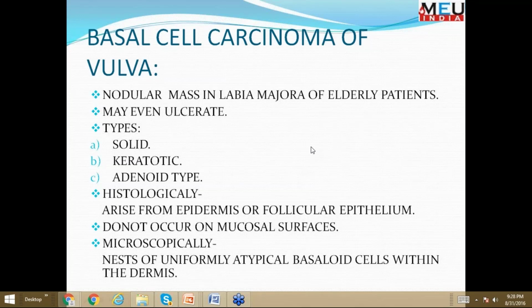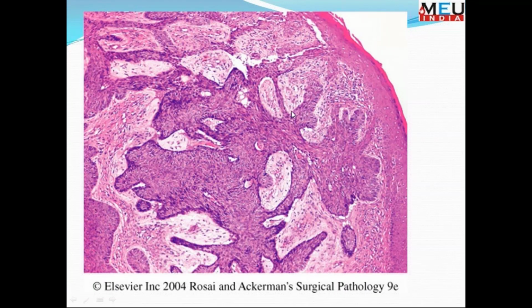They do not occur on mucosal surfaces, and microscopically nests of uniform atypical basaloid cells are within the dermis. This is the typical picture in the dermis, where the nests can be seen, of basal cell carcinoma of the vulva. There is a peripheral palisading appearance just like in any other variant.